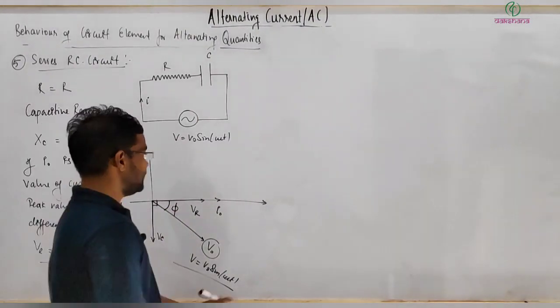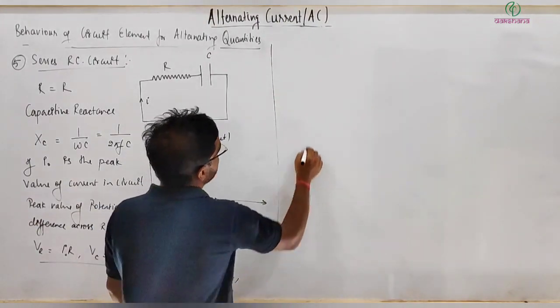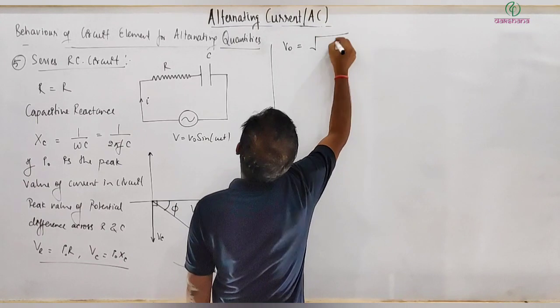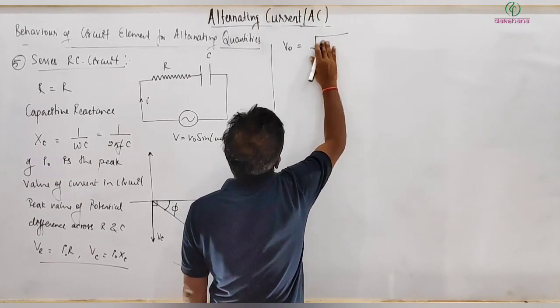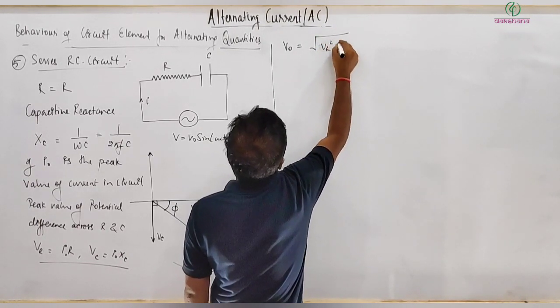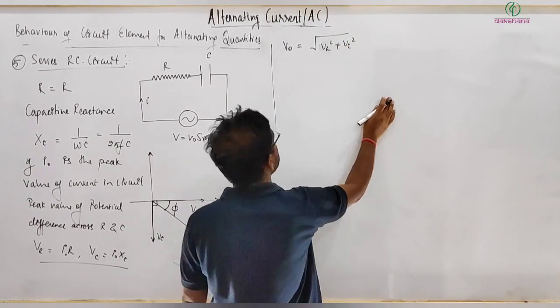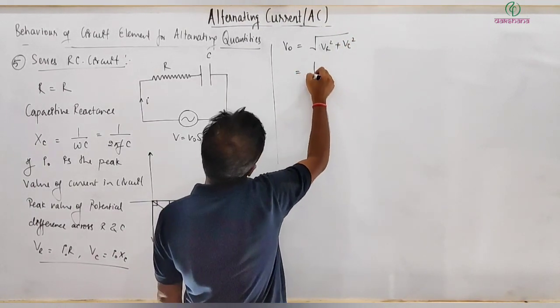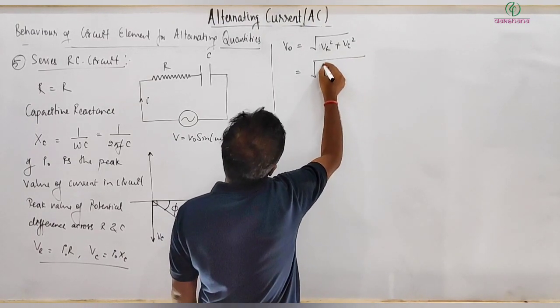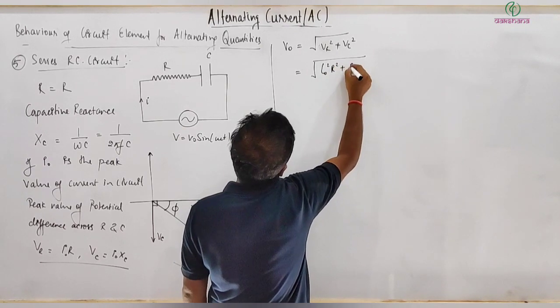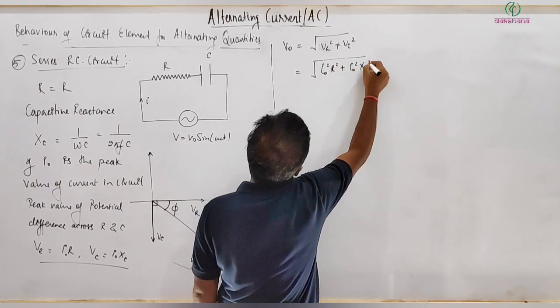So first I can calculate here, V naught is equal to what? Under root VR square plus VC square, what I have written, yes, exactly, and this can be expressed as under root I naught square into R square plus I naught square into XC square.